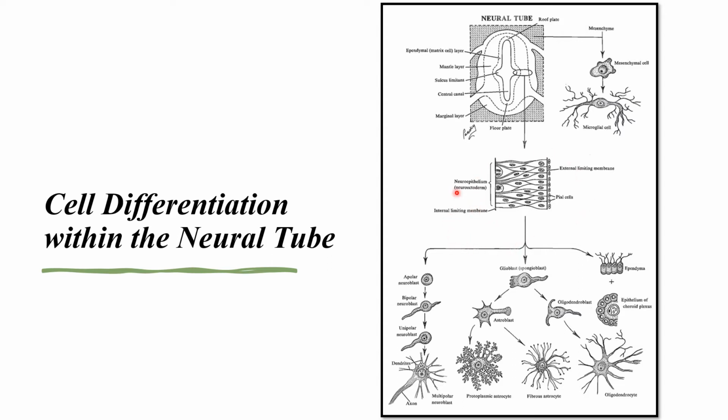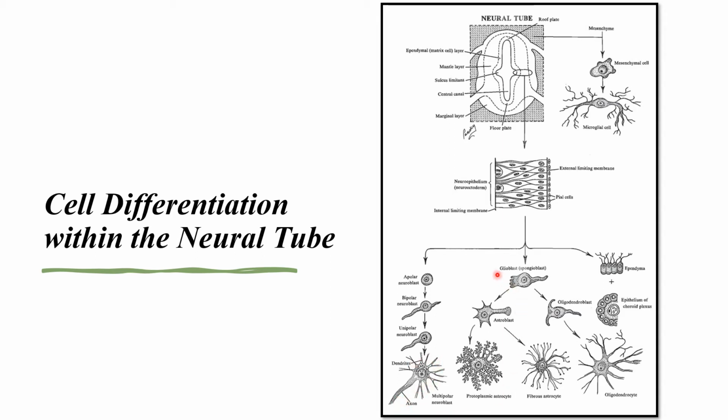Okay, so from the neuroepithelium, or the neuroectoderm cells, it would give rise to different types of cells. For example, this apolar neuroblast will become a bipolar neuroblast, a unipolar neuroblast, and then eventually a multipolar neuroblast with the presence of several dendrites and one axon.